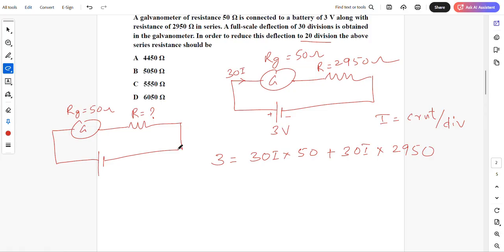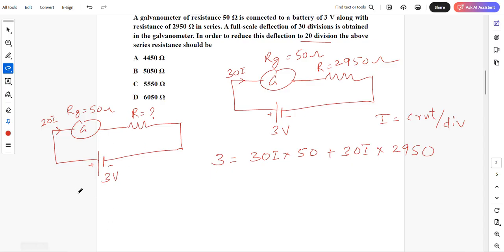Deflection of 20 divisions. I have taken I is equal to current per division. Therefore, the galvanometer current will be 20 into I. Here the galvanometer's current was 30 into I. Voltage is same. What is the value of R?